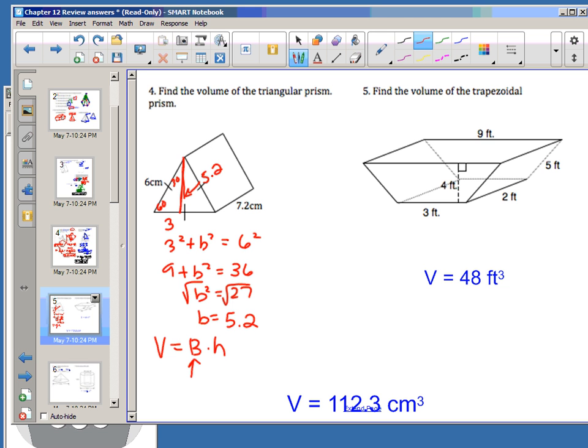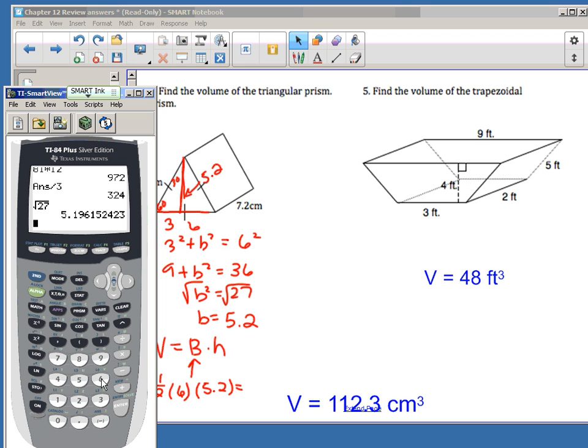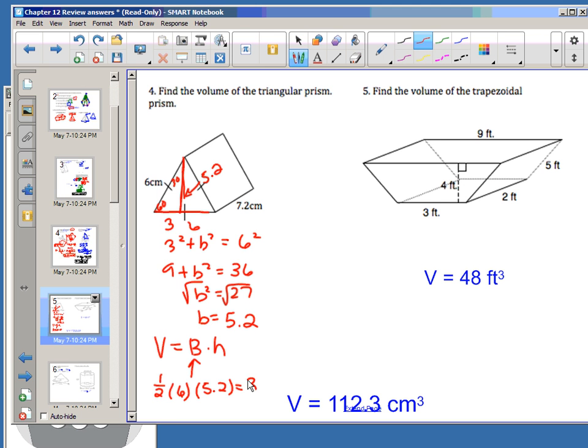The area of my base is that triangle, which is 1/2 times the base. The whole base is 6, times my height, 5.2, which gives me 31.2. Then I'm going to multiply that by the height of the prism. Remember, how do I get from this base to this base? That's my height, which is 7.2.